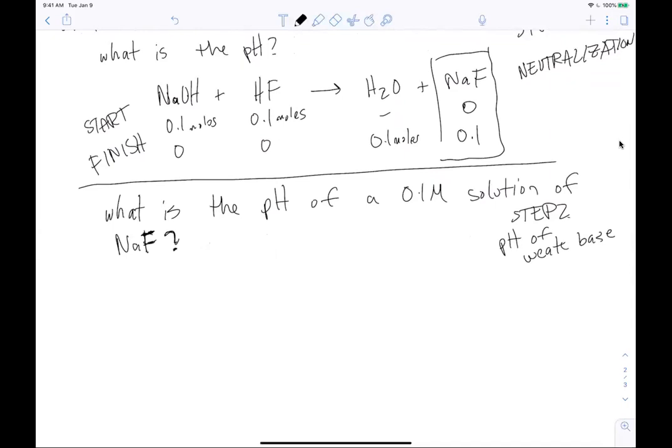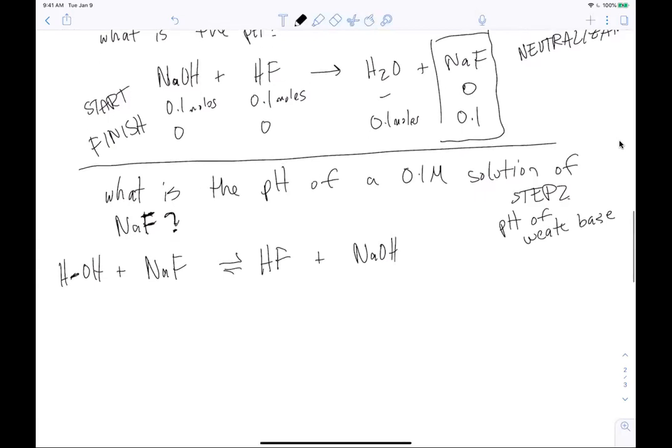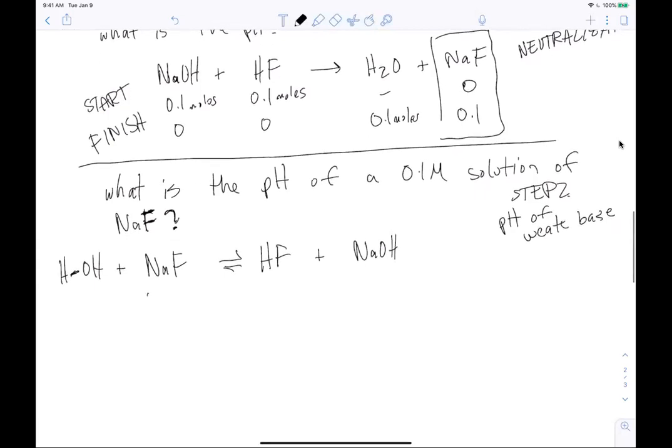So the problem becomes looking at this equilibrium. And so we would say, okay, we start out with 0.1 molar of this, and we start out with none of either of these. So now it's literally just a standard equilibrium problem.